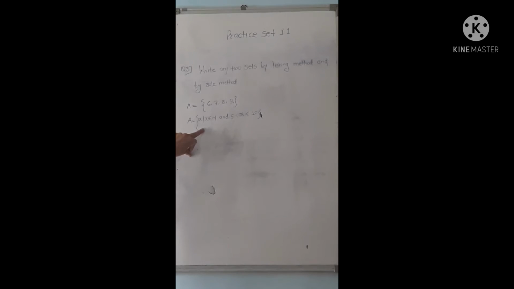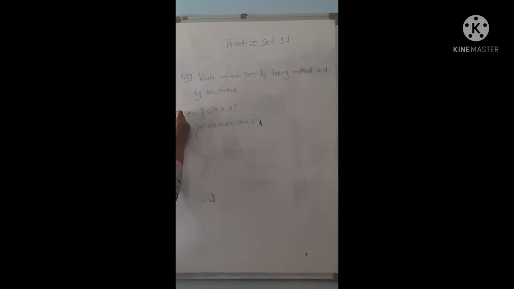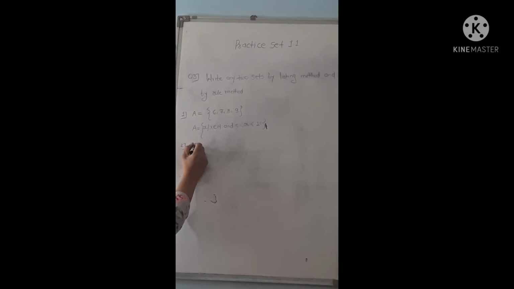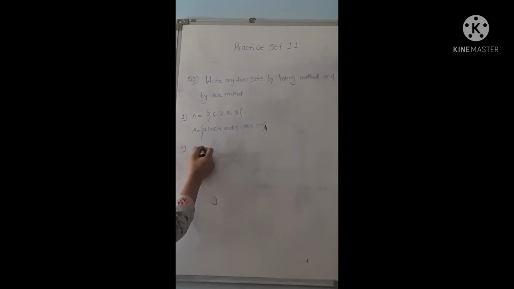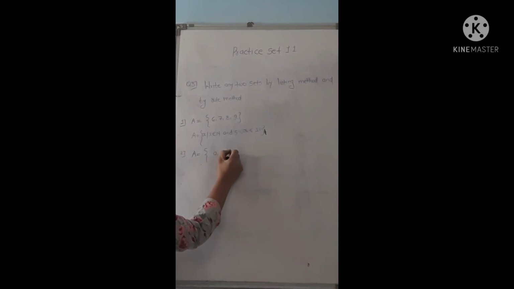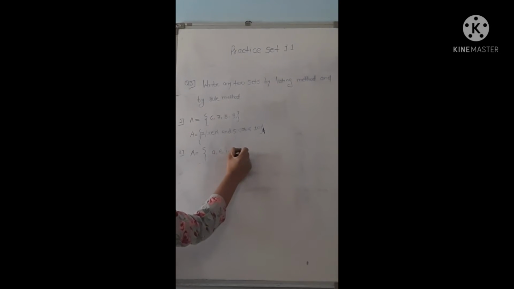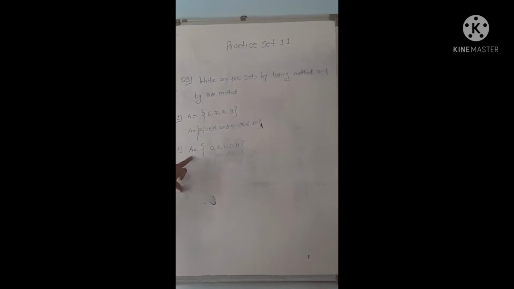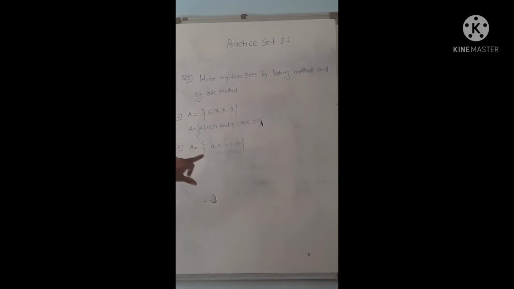Then second example. This is the first example. Then second one. A is equal to A, E, I, O, U. This is set A by listing method.